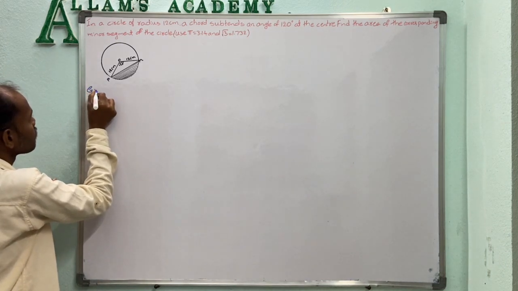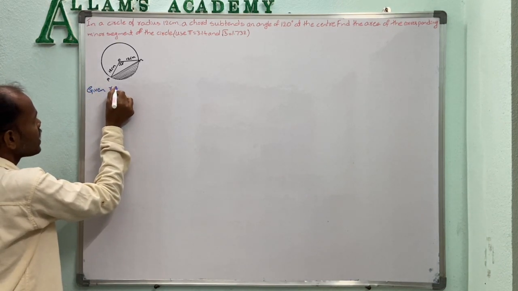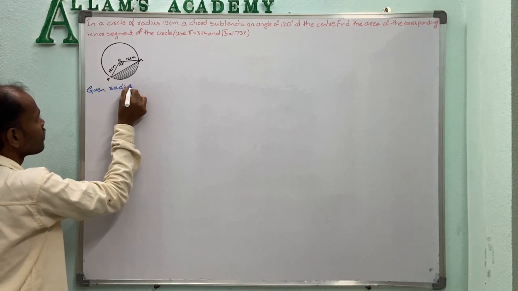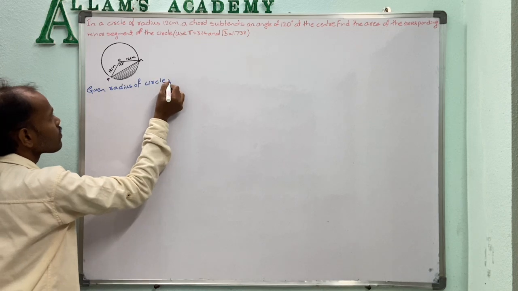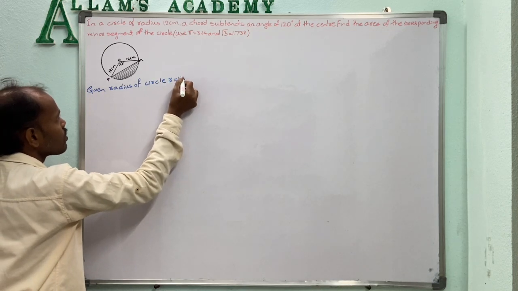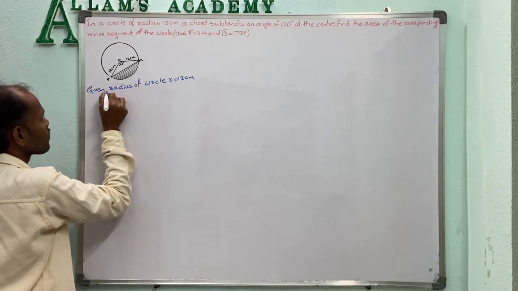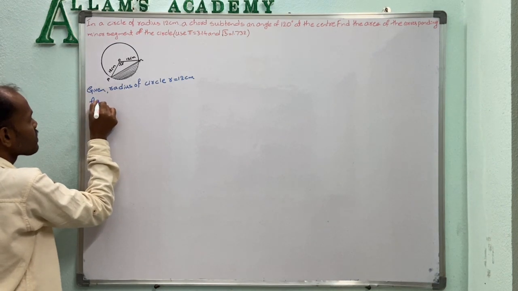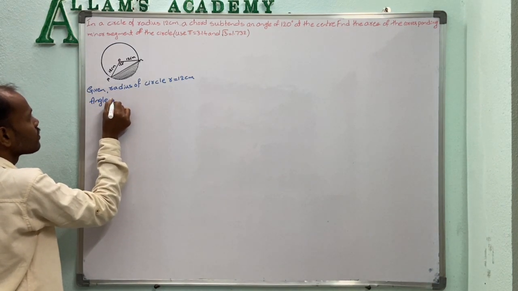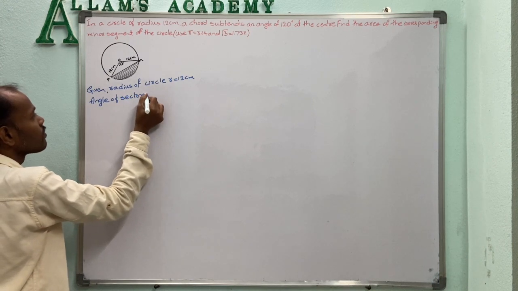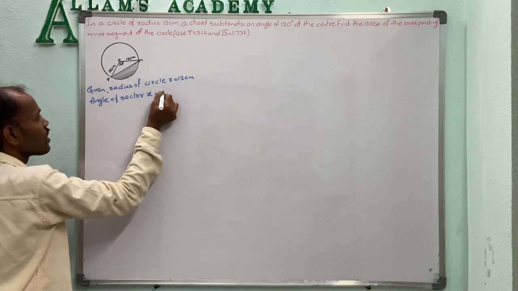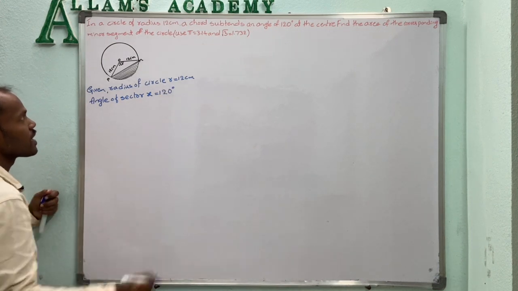Given: radius of the circle is equal to 12 centimeters. Angle of sector x equal to 120 degrees.